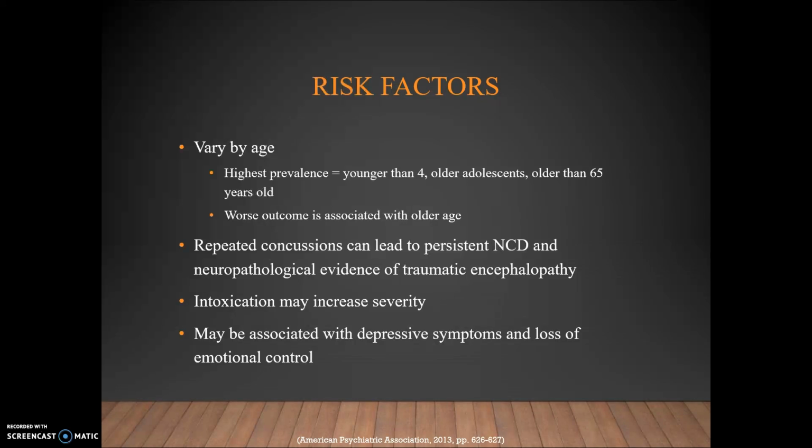I really need to learn how to say that word. I can't get it. But again, that is the CTE due to repeated concussions and persistent neurocognitive disorder. And then third is that intoxication may increase severity of the TBI. And finally, the risk factors may be associated with depressive symptoms and loss of emotional control.